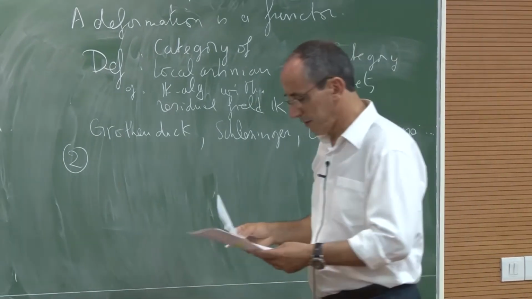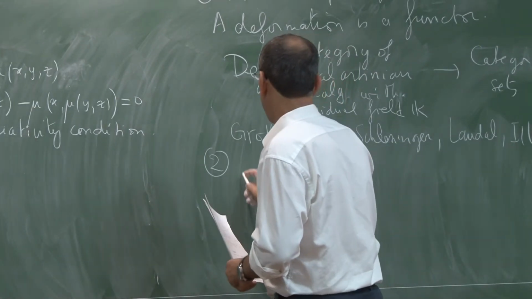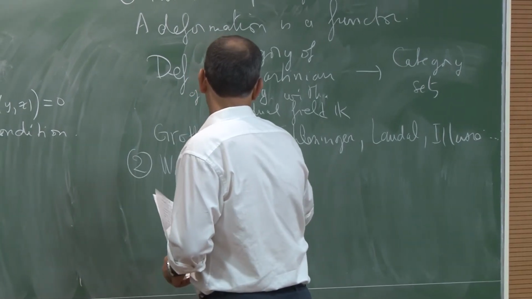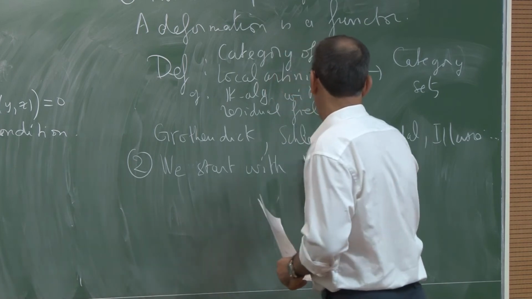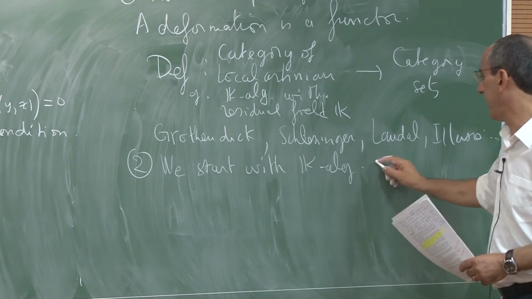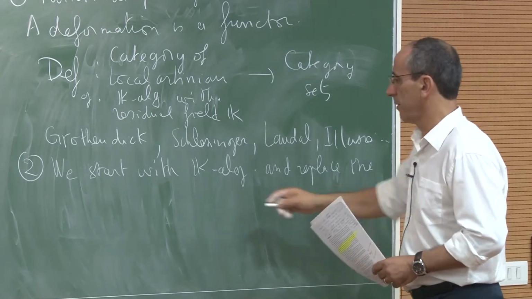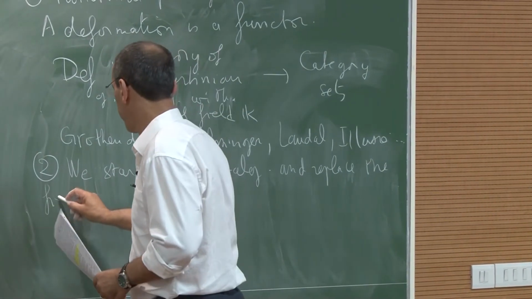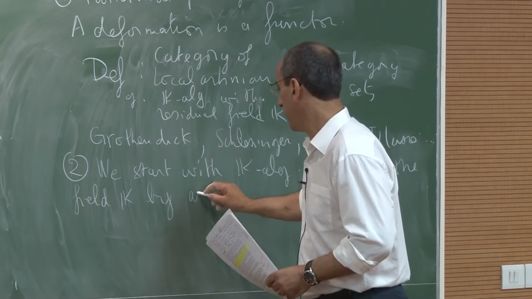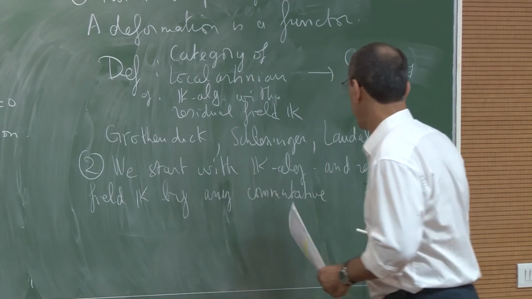And the second point of view is to say that here we start with the K-algebra, and replace the field K by any commutative K-algebra.